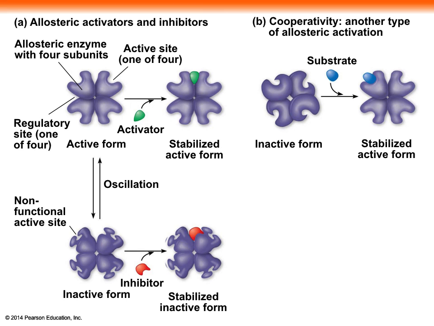On the top left-hand side, we have an allosteric enzyme with 4 subunits. We have an activator, and now we go from unstable to stable. The enzyme can also fit an inhibitor. It can fit an activator or an inhibitor at a different place, and that's why it's called allosteric. It can undergo both inhibition or activation.